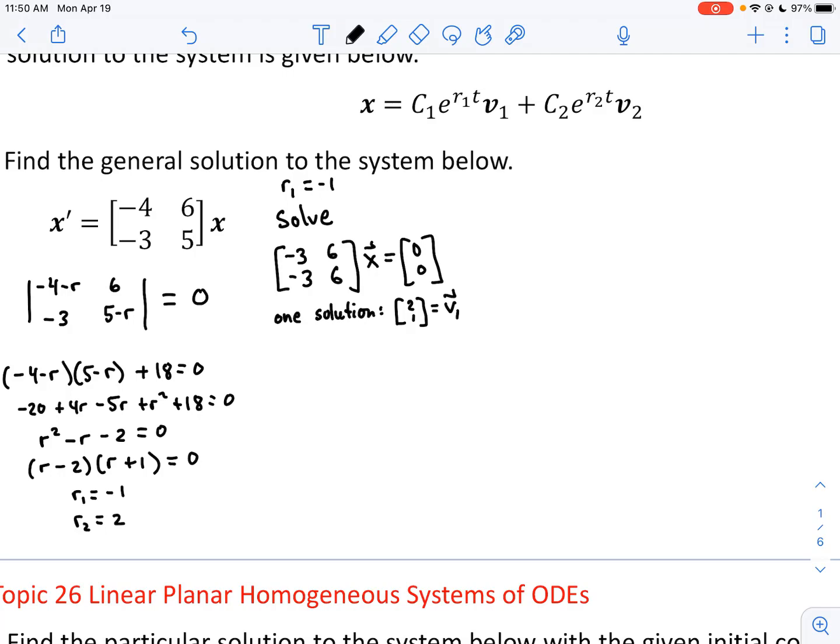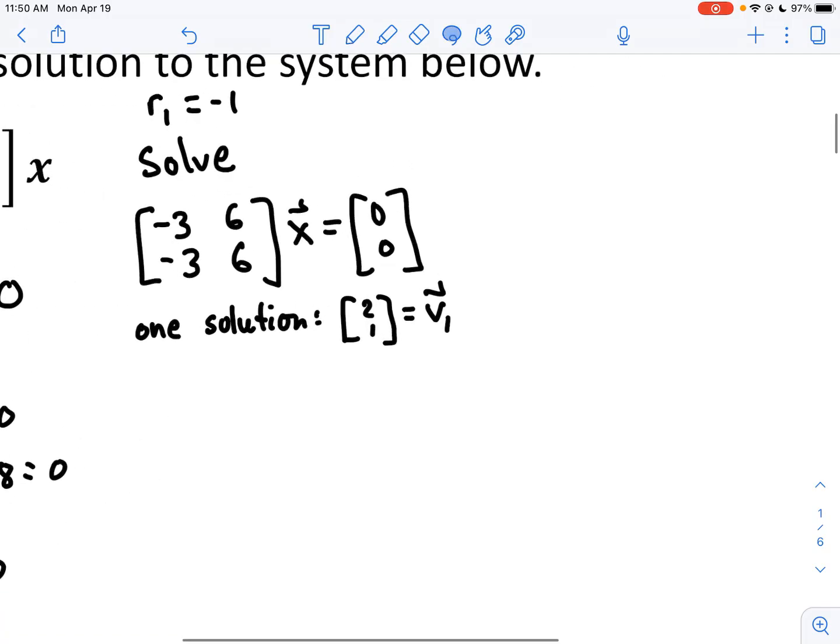Now, any multiple of 2, 1 would also be an eigenvector. So you could, in theory, also put 4, 2 here, 6, 3, -2, -1, 1, 1/2. Any multiple of this will make this system here satisfied.